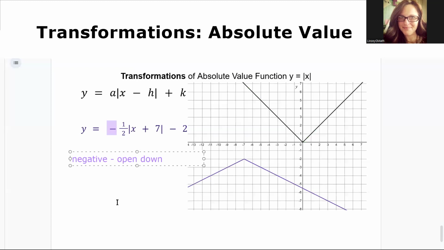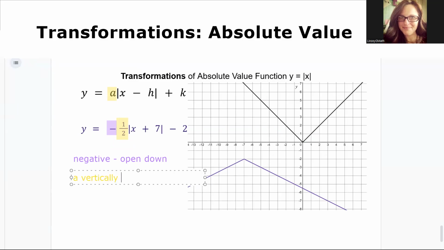Then we have a. a is a fraction in between 0 and 1. So that is going to vertically compress or make it wider, since a is a fraction.